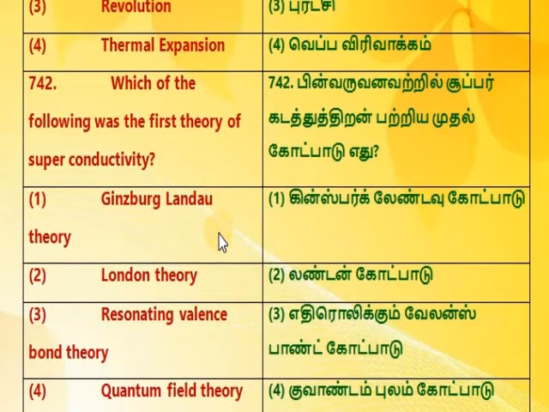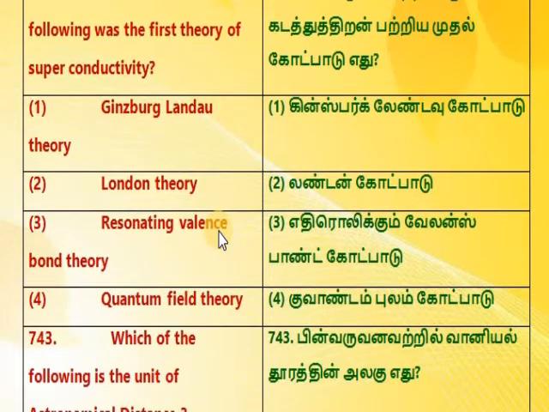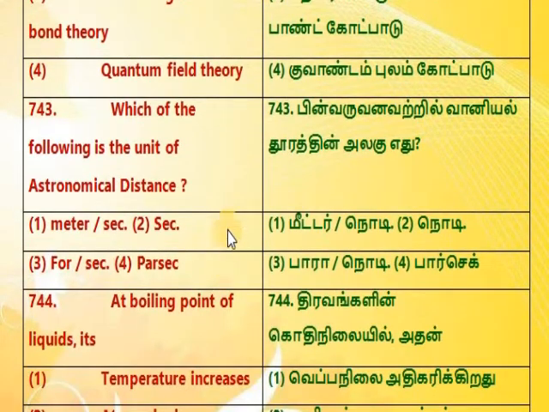742. Which of the following was the first theory of superconductivity? 1. Ginzburg-Landau theory, 2. London theory, 3. Resonating valence bond theory, 4. Quantum field theory. 743. Which of the following is the unit of astronomical distance? 1. Meter/second, 2.